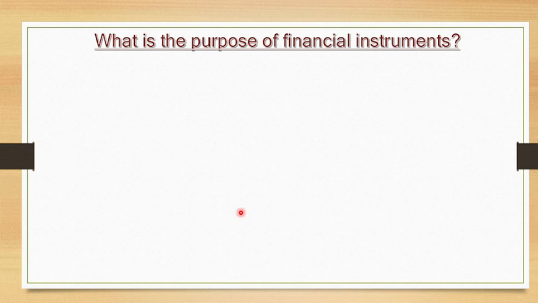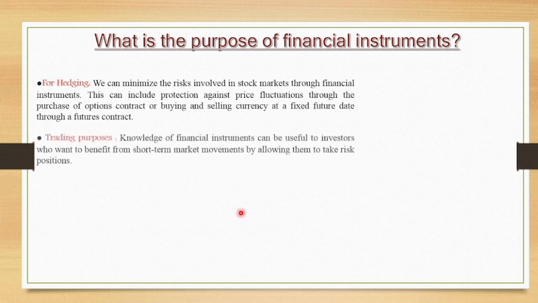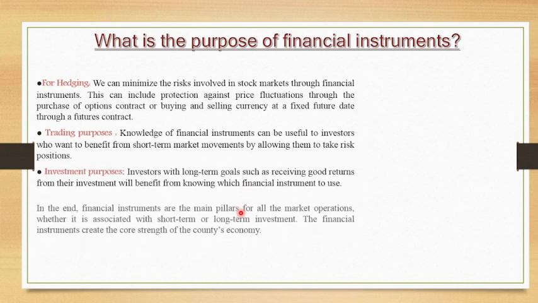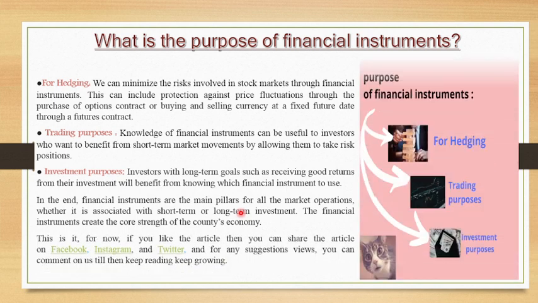Now, we will see the purpose of the financial instrument. What is the purpose of it? Now, let's see the purposes. First of all, the first purpose of the financial instrument is for hedging.